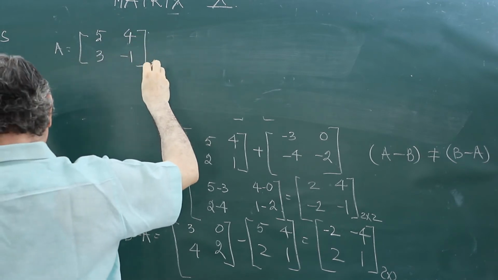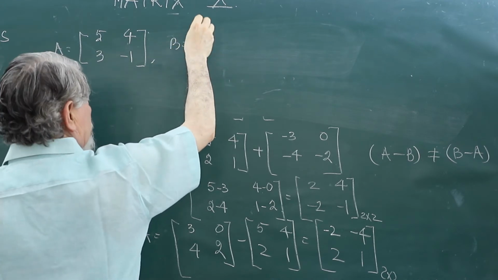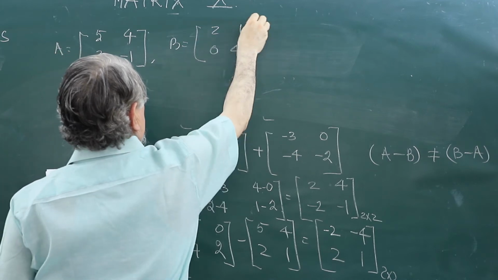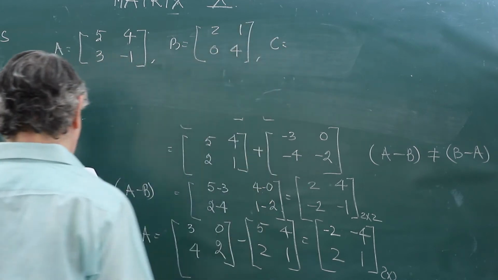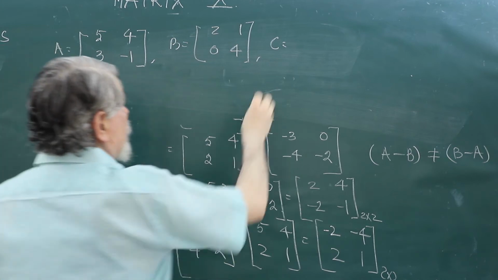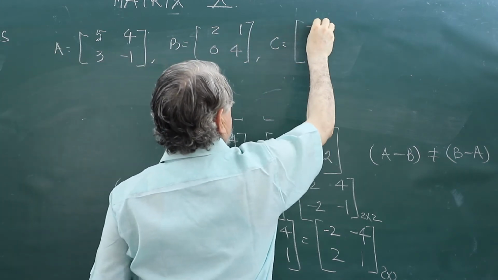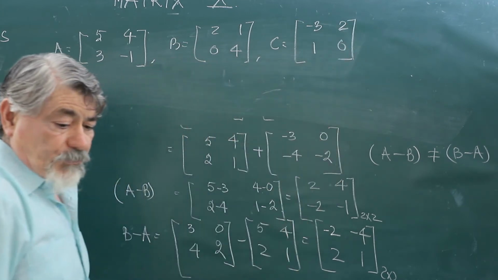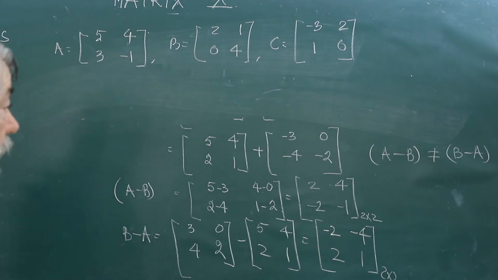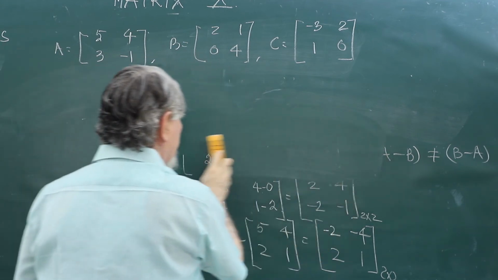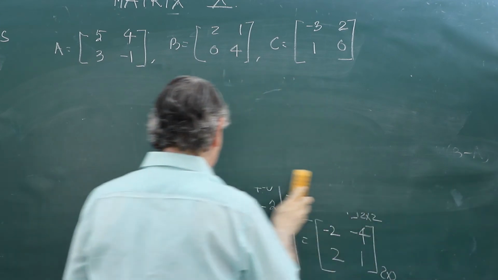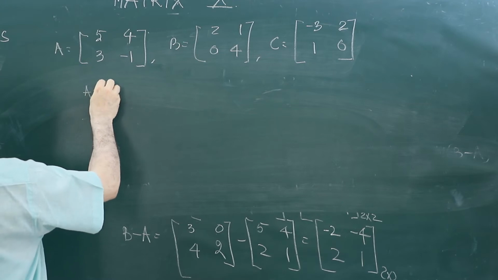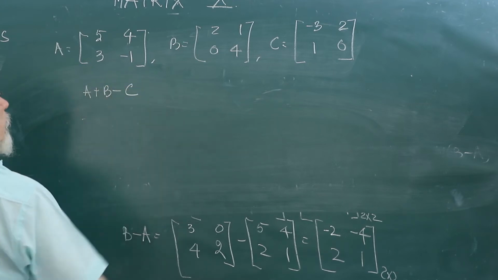B is 2 1 0 4, and C is minus 3 2 1 0. Now he wants us to calculate A plus B minus C.